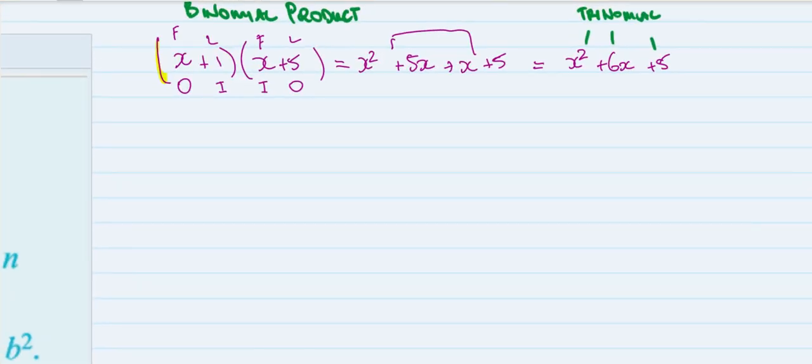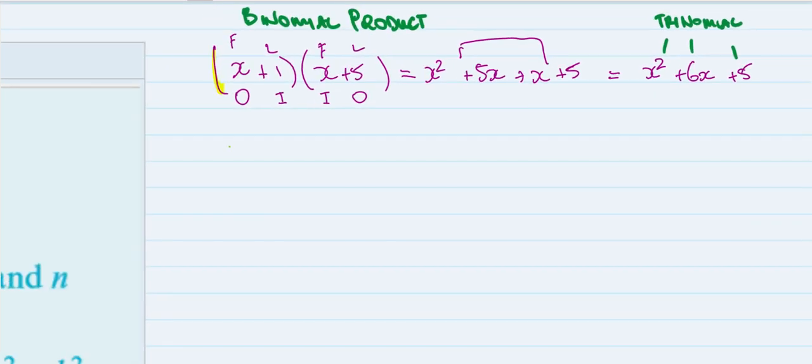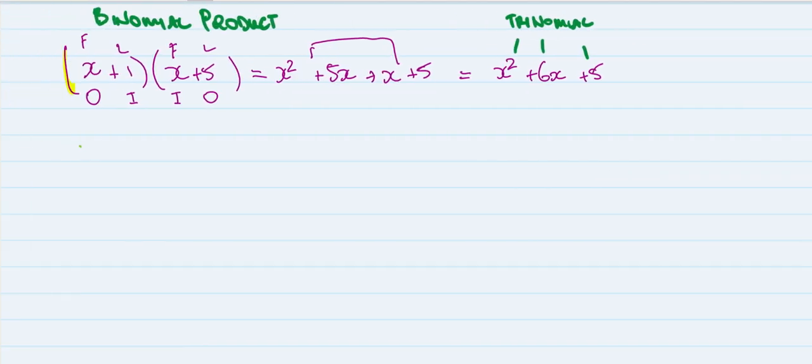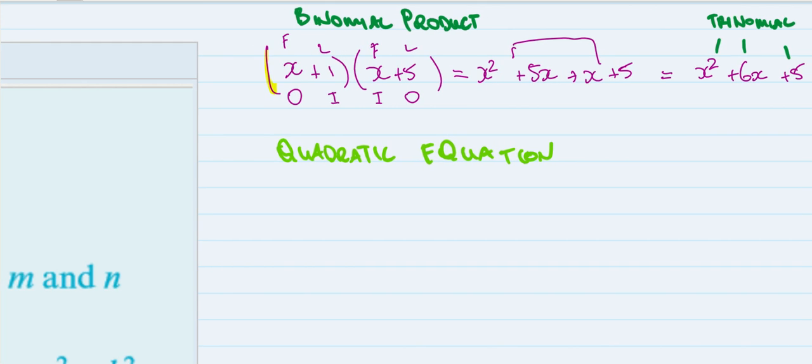So the quadratic equation is a trinomial. Let's just say here, quadratic equation takes the general form of x squared plus bx plus c.